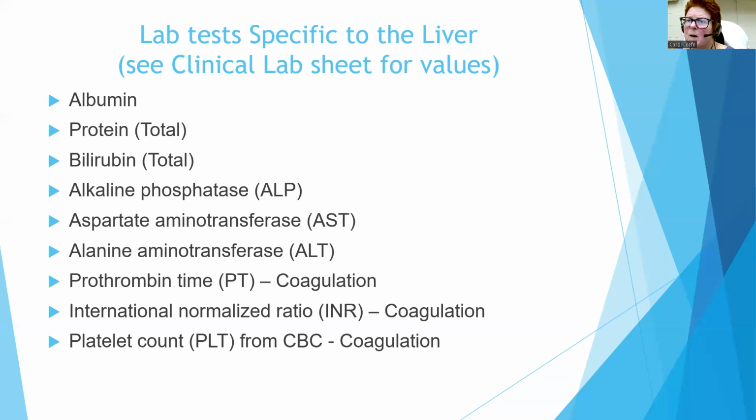Their PTT as far as heparin. So those are very important, and the platelet count. Okay. So you can look at your lab sheets and be able to tell what those normal values are. And yes, you have to know the labs. Again, Ms. Serpass is going to go over these same labs when you get into metabolism as well as ammonia. Okay.